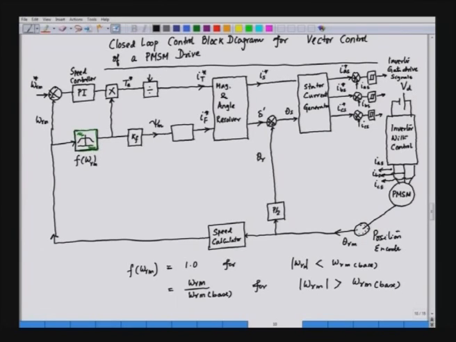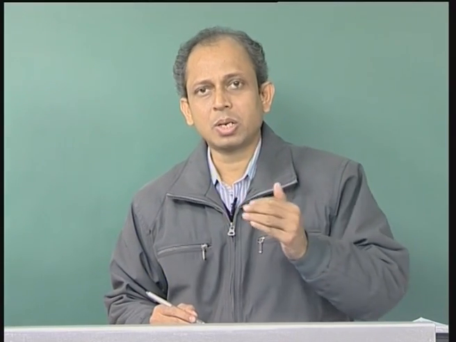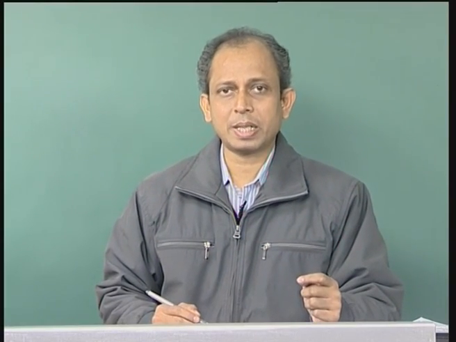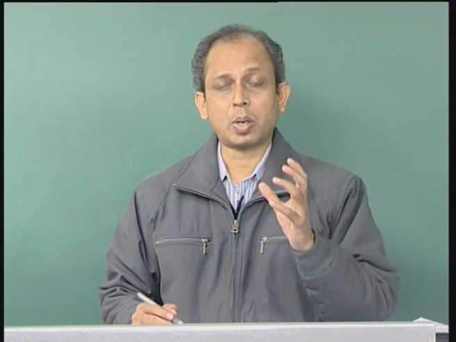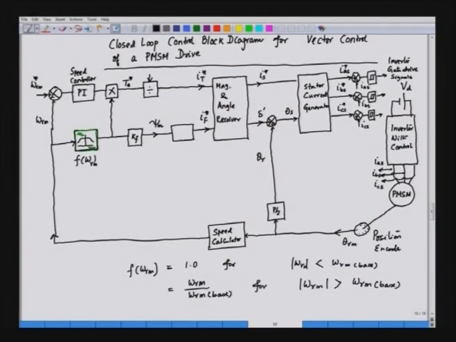So, this functional block has got amplitude equal to 1 for the speed less than the base speed, and if the speed increases beyond base speed, we have a need of flux weakening, and the flux weakening is achieved by making this particular function less than 1. Then we multiply by a scaling constant, that is k f. What we obtain is the total flux, that is psi m, and from psi m we get I f.